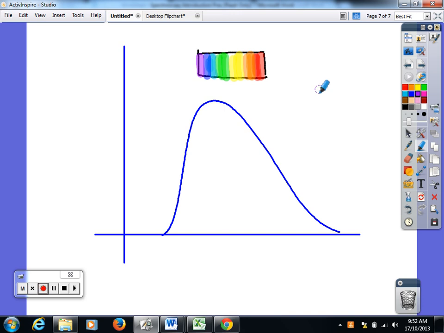Okay? So this little section here represents the visual spectrum.